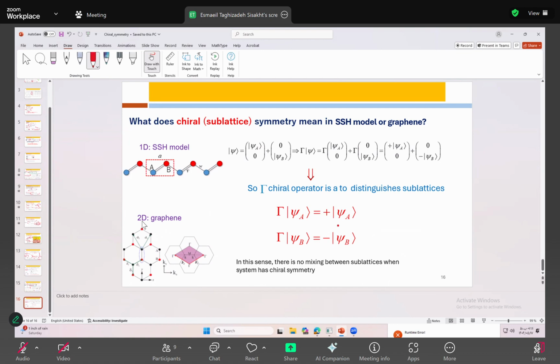So there is nothing more here to think about, for example, about the axial current or these things. Just the similarity between the algebra procedures causes us to call it chiral symmetry. That's it.